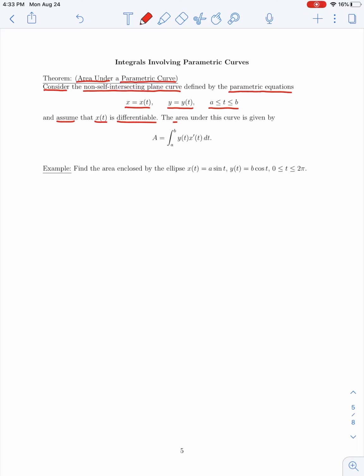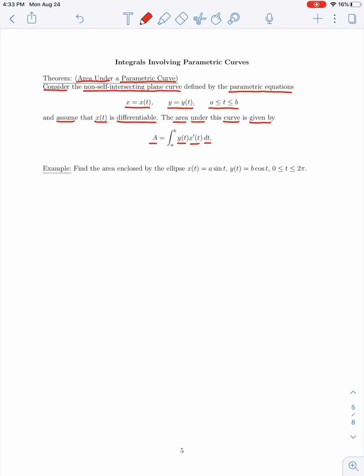Then the area under the curve defined by those parametric equations on that interval from a to b is given by the following integral. The area is the integral from a to b of the product of y of t with the derivative x prime of t dt.